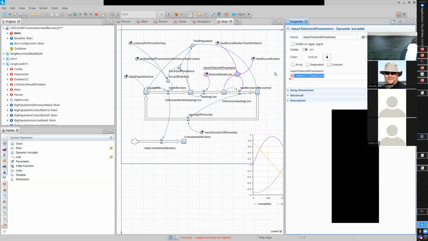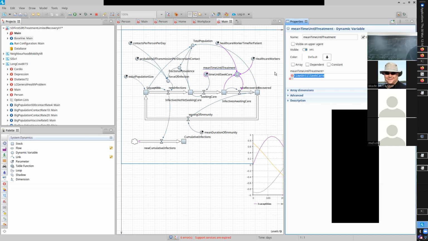People waiting for care. That's that stock. Maybe I'll give it the name that's actually in the model. It's called infectives awaiting care.